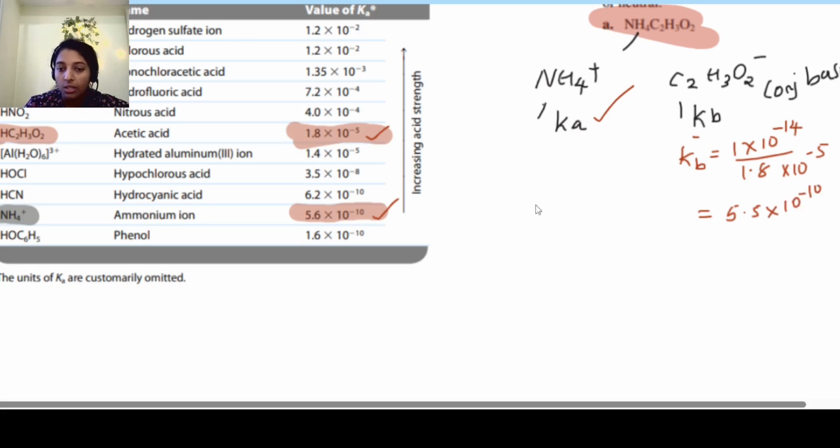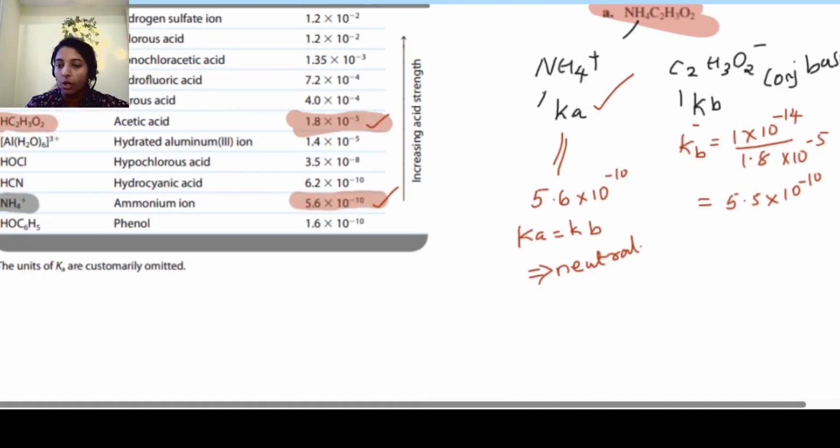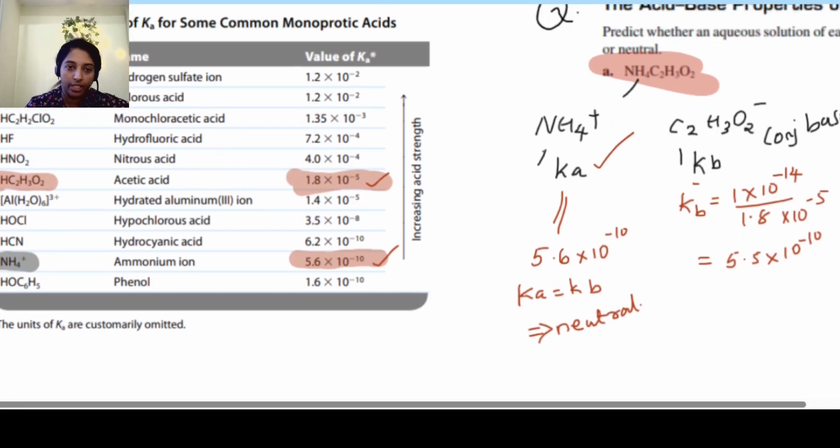So in this case, you got the same value. Here Ka is equal to Kb. That's why you can say this is a neutral salt. Otherwise, you can't. So this is the way you have to calculate whether it is neutral, basic or acidic.